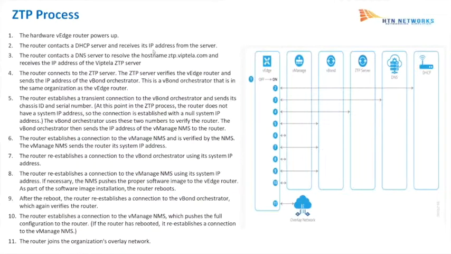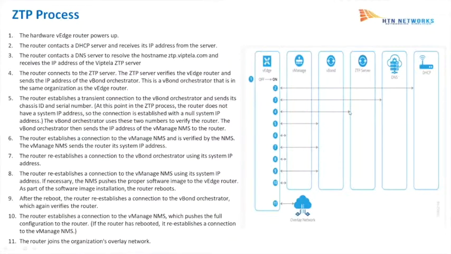In the bottom, you can see a small cloud, which is the overlay network here. It goes through all the steps from one, when you turn on the router, from off to on. Then it goes to the DHCP server, gets the IP address, then gets the information from the DNS server, then goes to the ZTP server.